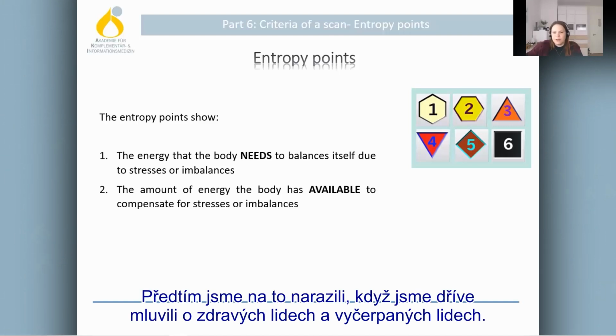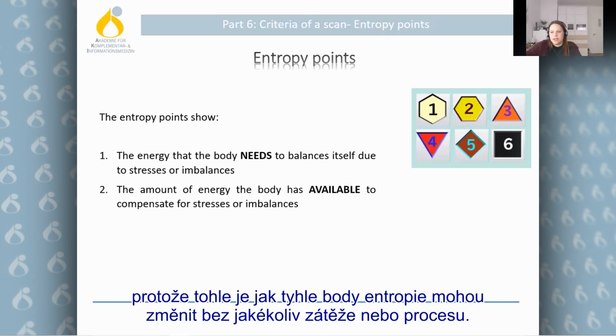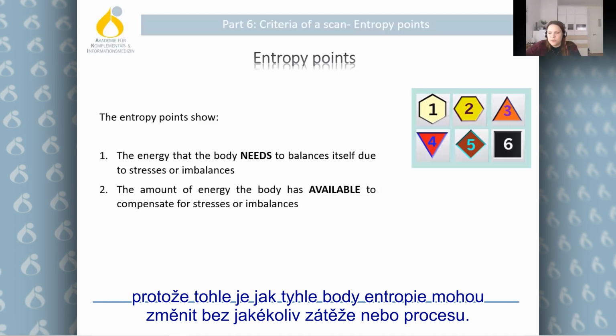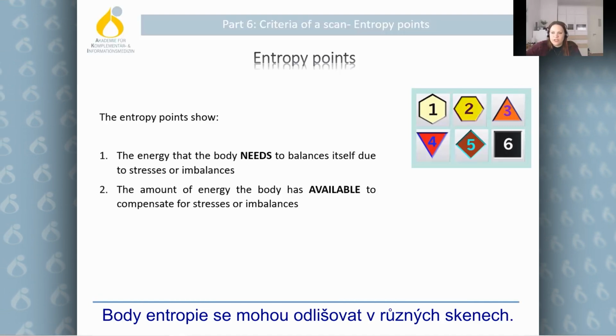This is what we had before with a fit person or an exhausted person, because this is how these entropy points can change without any stresses or processes. Just with this information, these entropy points can differ in different scans.